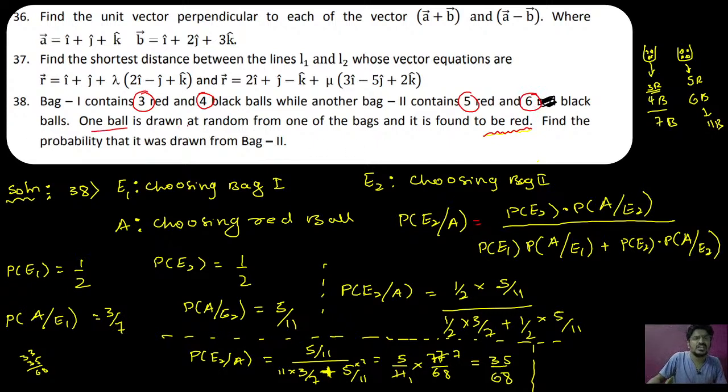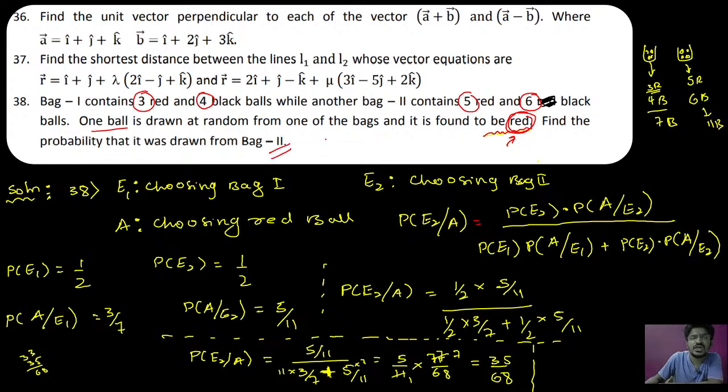Now one ball is drawn at random from one of the bags and it is found to be red. That means they have taken out the red ball. Now what you have to find is whether the red ball they have taken out is from bag 2.